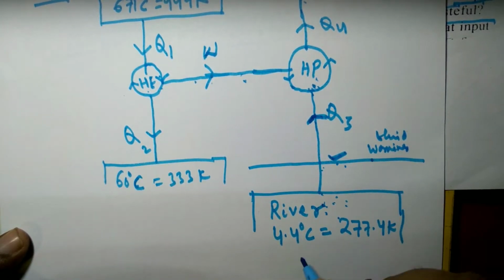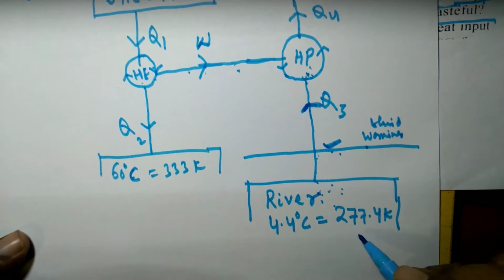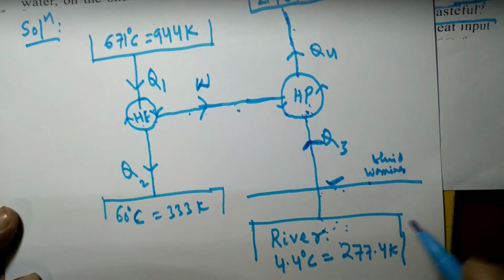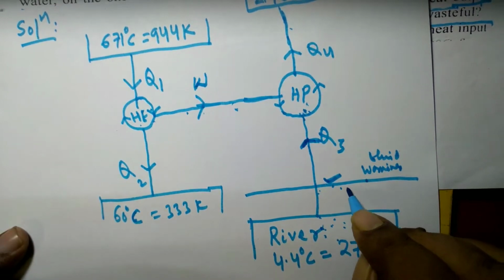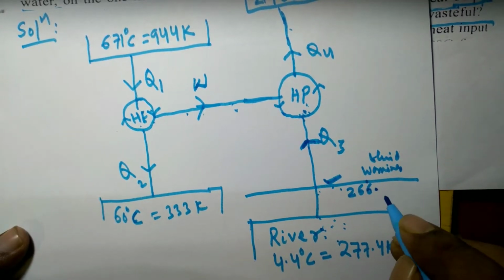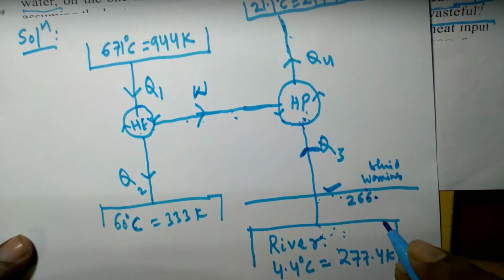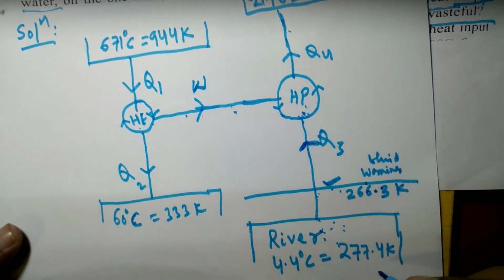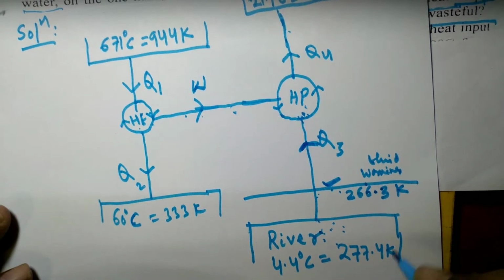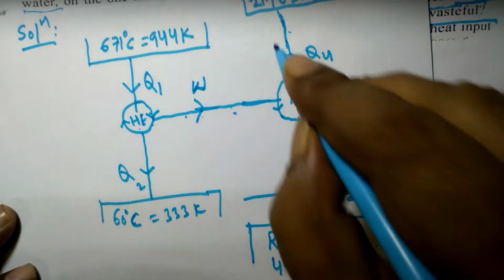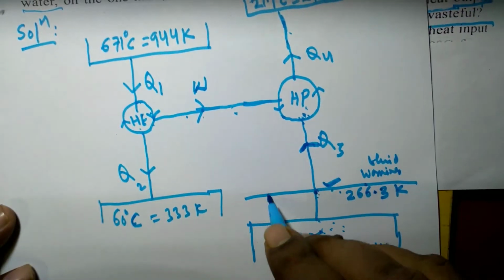If you subtract 11.1 Kelvin or degree Celsius from this temperature, you will find 266.3 Kelvin. If you subtract 11.1 from 277.4, this is the temperature of the working fluid at this end when heat is supplied to it.